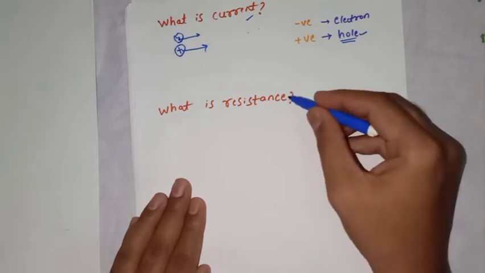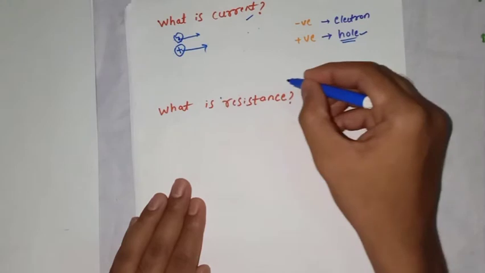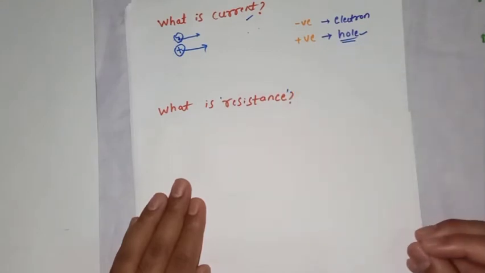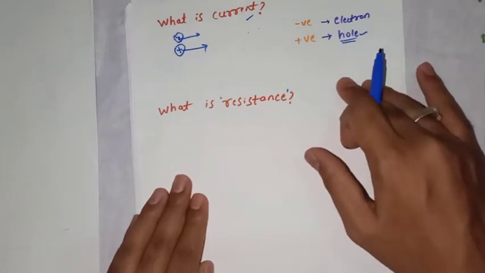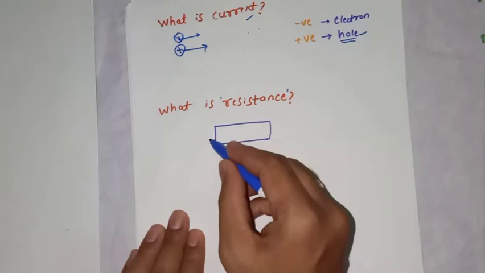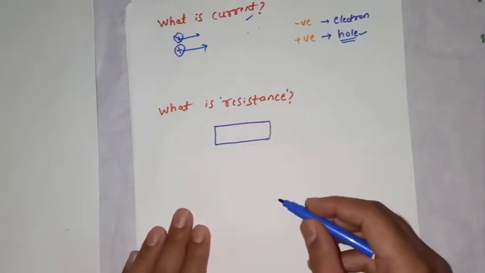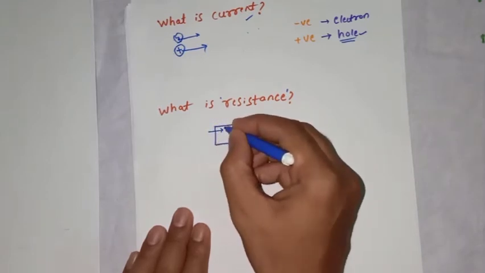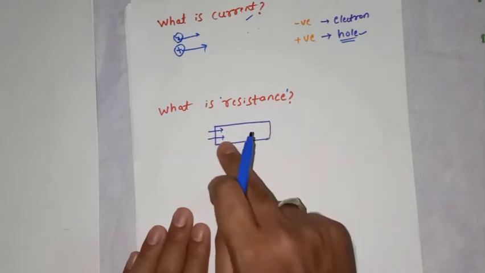Now, what is resistance? The dictionary meaning of resistance is opposition, right? Now, I have a conductor or any material you can consider. When electrons are flowing in it, that produces a current, right?